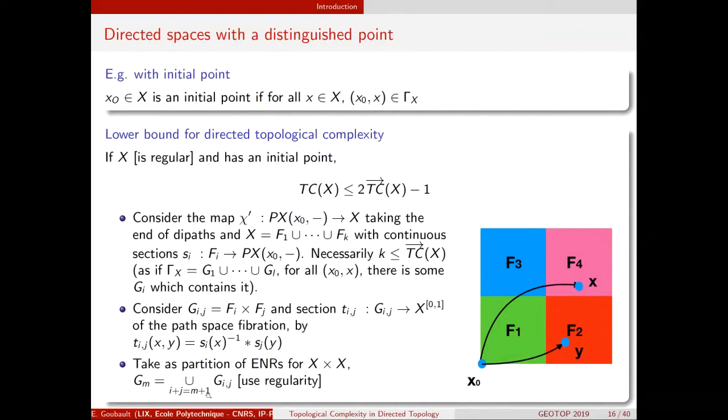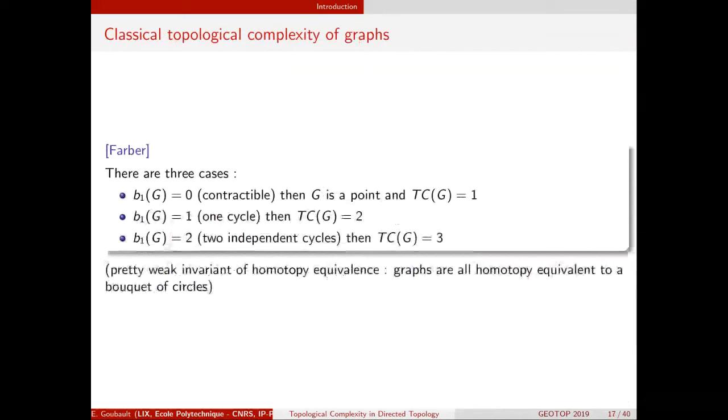So you can regroup parts of this k-square partition I've been giving you, which is just the Fi times the Fj, by this formula. And you can check you will have just 2k-1 such sets. This means that you can partition X cross X by at most 2k-1 subsets on which you will find a continuous section of the path fibration map. So this is what gives you this inequality. This is a bit technical, I mean the regularity thing, but it's feasible to see that.